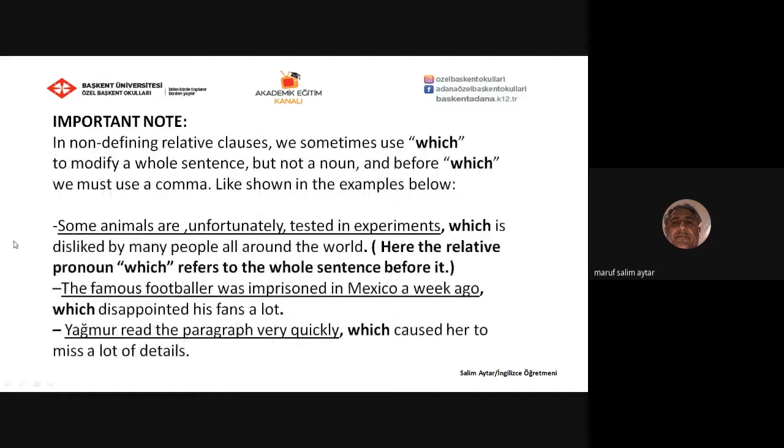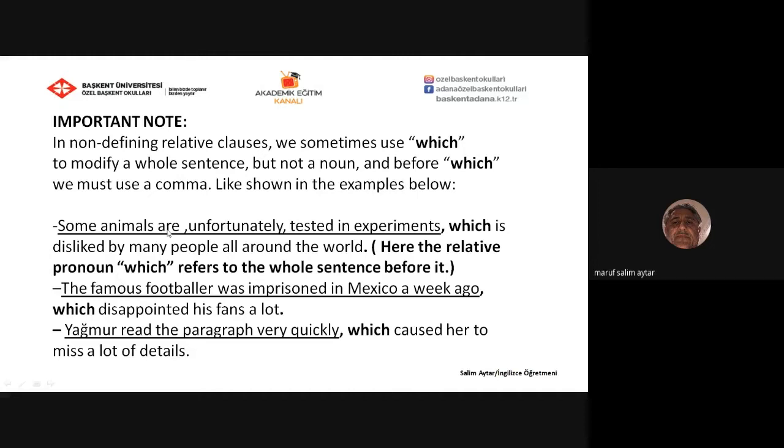Important note, people: in non-defining relative clauses, we sometimes use which to refer to a whole sentence, but not a noun, and before which we must use a comma, like shown in the examples below.